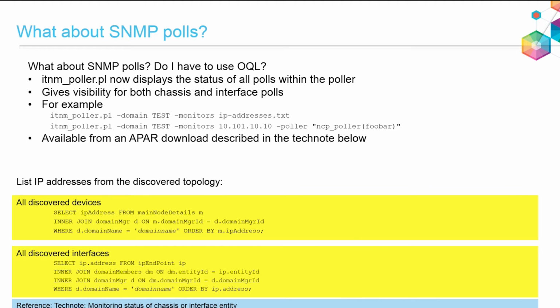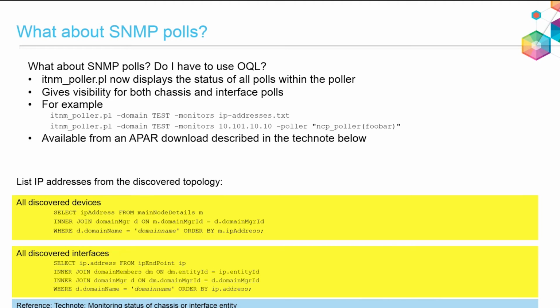So that was the ping polling that we went through in terms of the checking. What about SNMP polls? That previous set doesn't handle the SNMP poll policies that you set up, although it's handy in general because it will answer a lot of the same questions. Typically people use OQL to check the tables. It's like getting your fingers dirty.